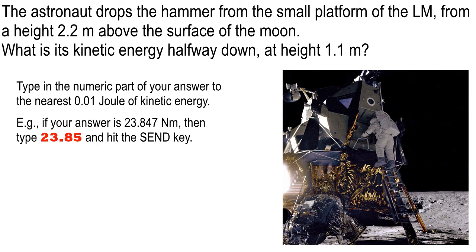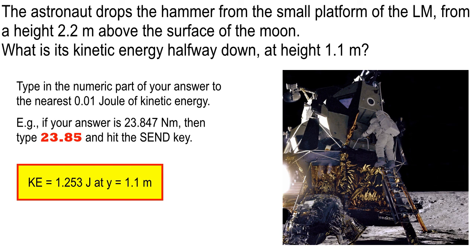You can calculate the kinetic energy: mg, negative 1.14 newtons, times delta y, and delta y is negative 1.1. When you do that, you find that the change in the kinetic energy gives you a new kinetic energy at this height of 1.253 joules approximately.